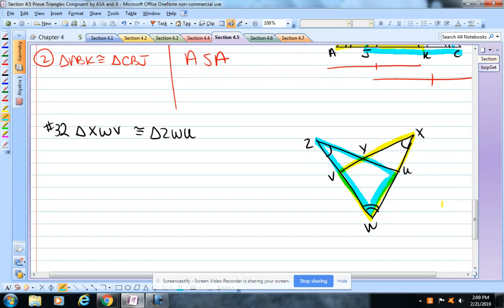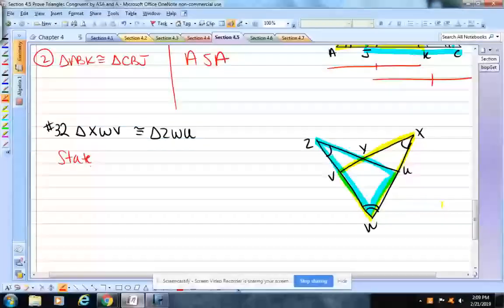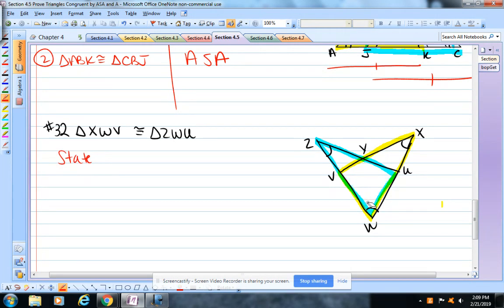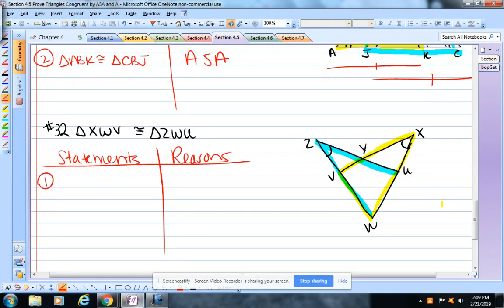And I don't have all these marked correctly. Hang on. What's my givens? All right, I marked too many. Okay, that W's not supposed to be marked yet, y'all. That's extra. That's coming up. Statements and reasons. My givens are my first statements.